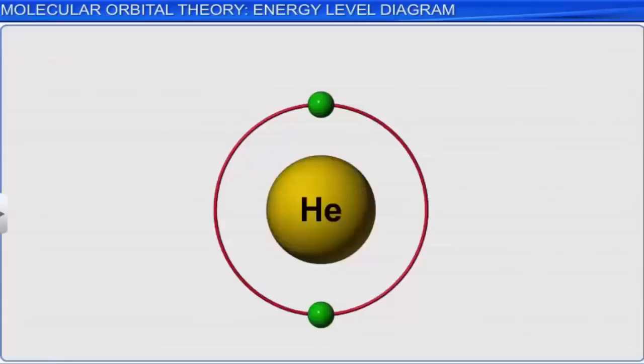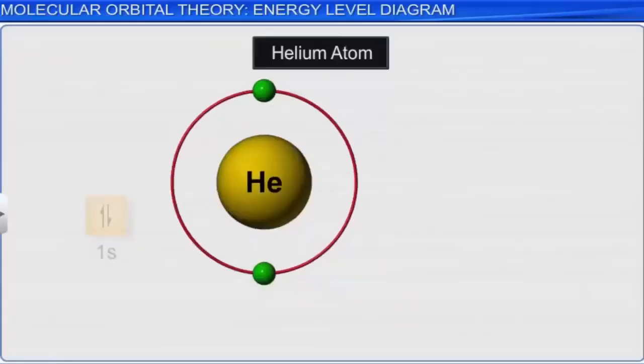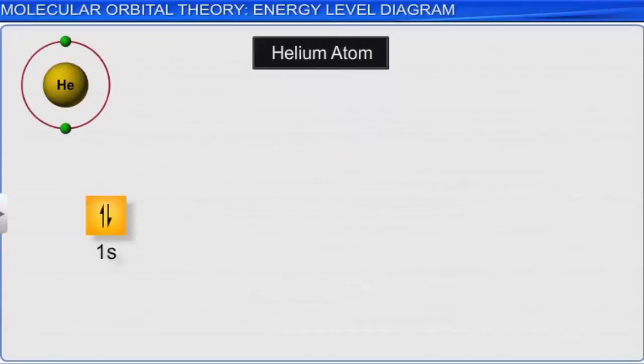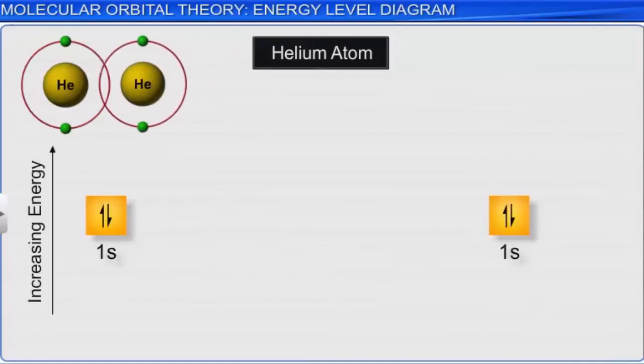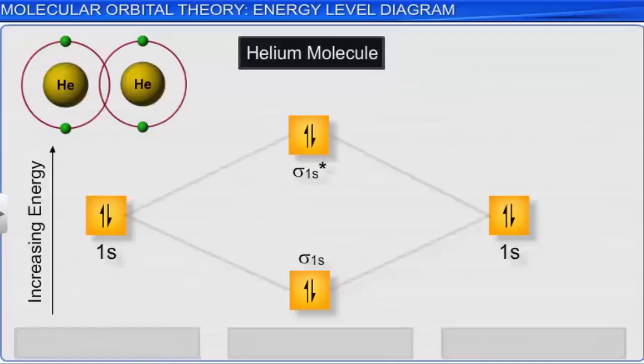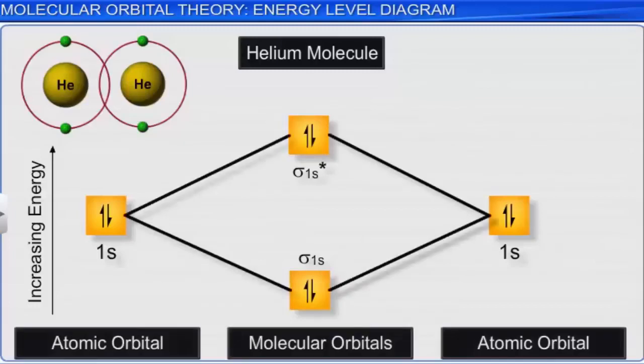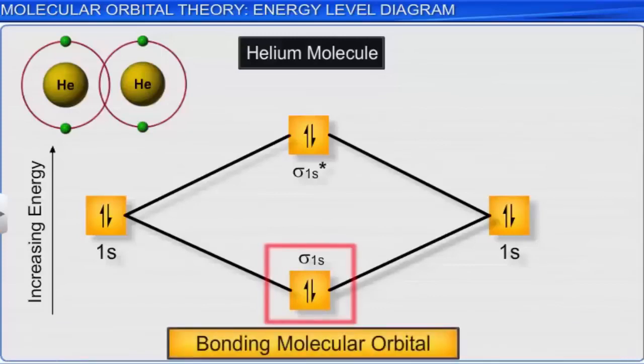You see, helium atom has two electrons in its 1s orbital. When two helium atoms come together to form a molecule, the 4 electrons would be distributed across both sigma bonding and sigma star anti-bonding molecular orbitals. The energy of the sigma bonding molecular orbital will be low.